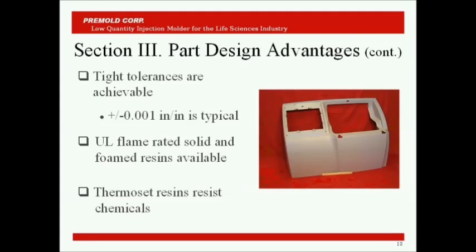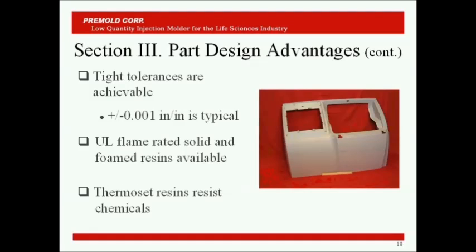Now, in the life sciences industry, it's important to have a UL flame rating. Usually UL 94V0 is required. There are a lot of RIM materials or resins, both solid or foamed, that give you this UL 94V0 rating, and you can achieve this at some pretty thin wall thicknesses, maybe as low as 1/8 of an inch.